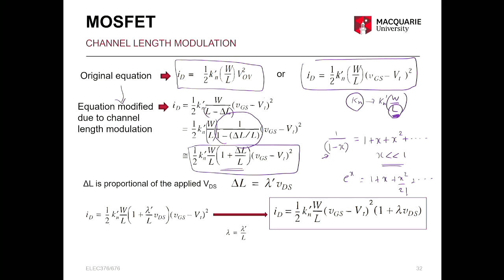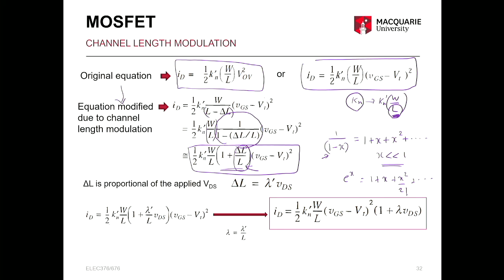You see that the equation has two terms. One is half Kn (VGS minus VT) whole square, and then another term, half Kn W by L, with delta L divided by L there.